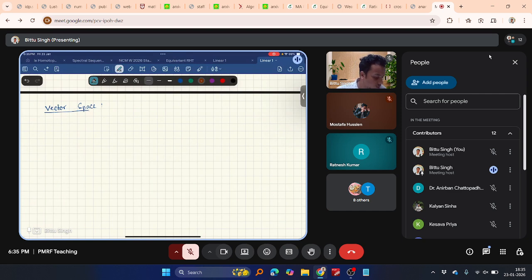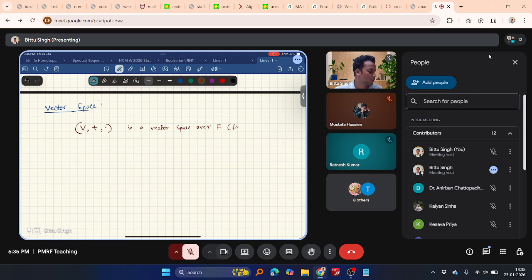So a vector space means it is a set V, and V is equipped with two operations, a binary operation plus and another, dot. There should be another set which is called a field, the scalar field. So (V, plus, dot) is a vector space over the scalar field F.